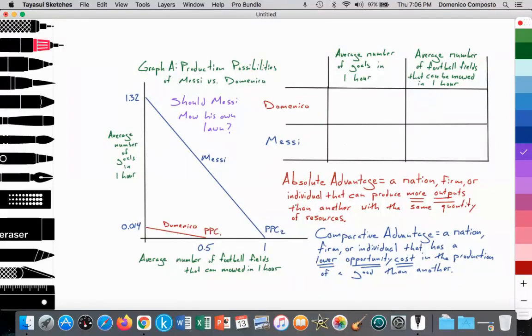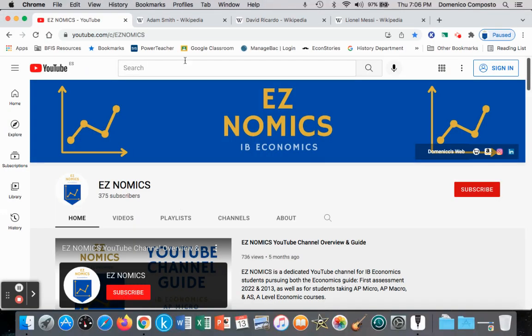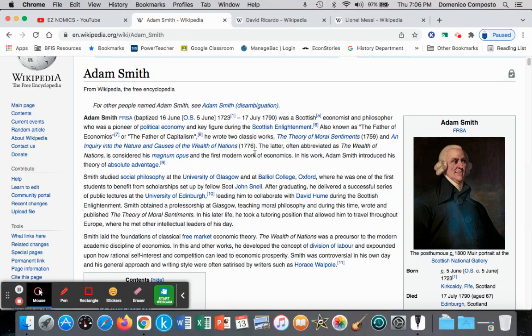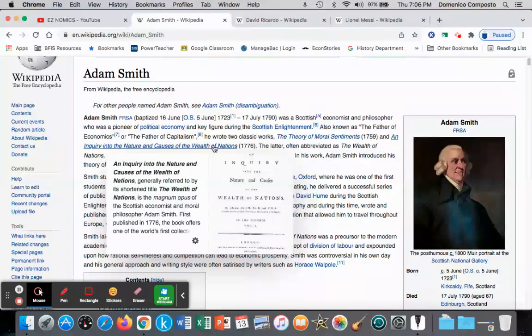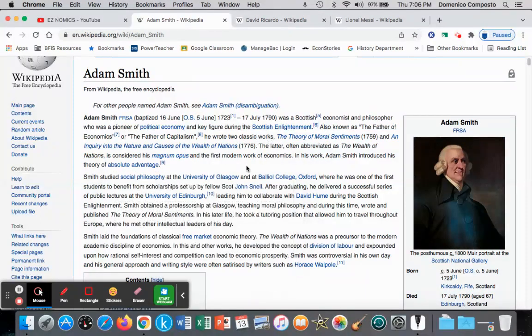And this was a theory that was developed by Adam Smith, Scottish economist Adam Smith, founding father of modern economics, who in his book An Inquiry into the Nature and Causes of the Wealth of Nations looked at why nations trade, the gains derived, and arguments for specialization to improve productive efficiency, and so on.